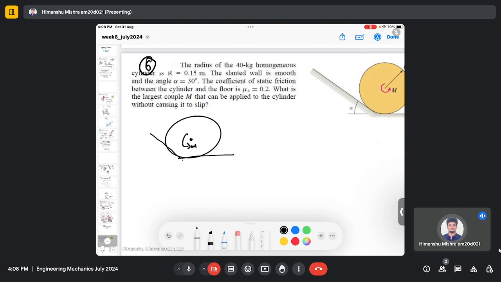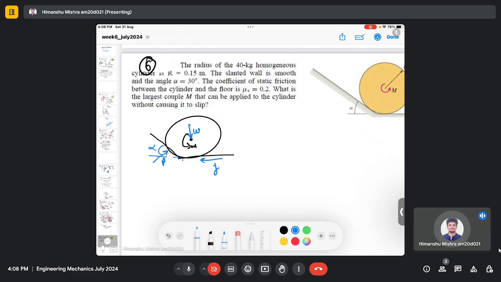So this is the moment, and this is the weight of the cylinder, and then there is a force P, let's say, which is acting at this contact at an angle alpha, and there will be a friction force F.